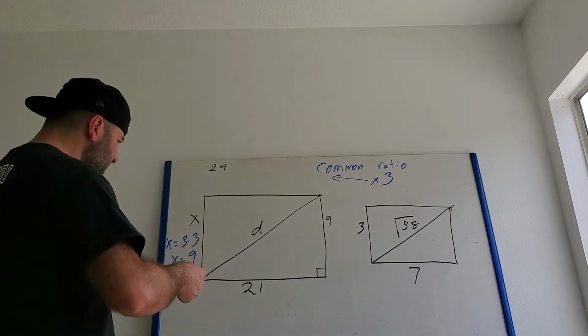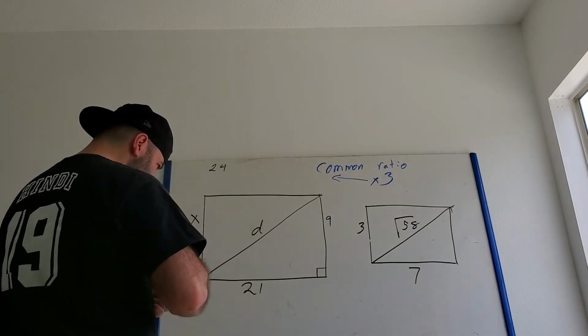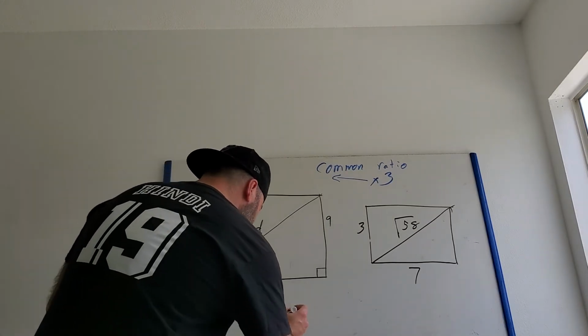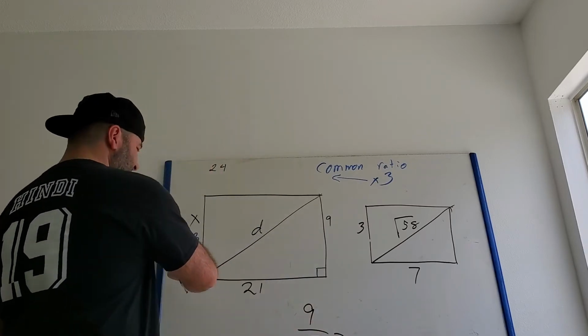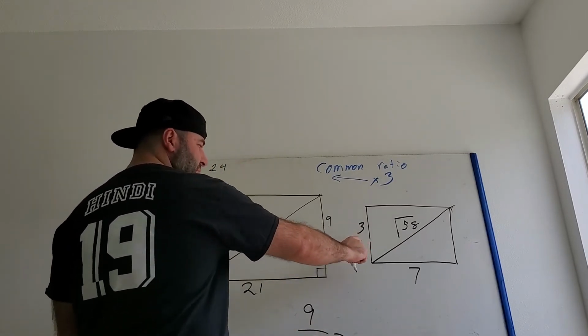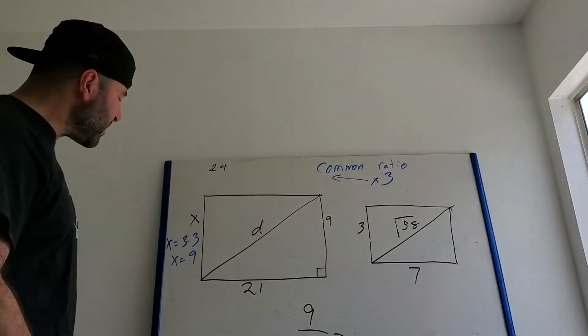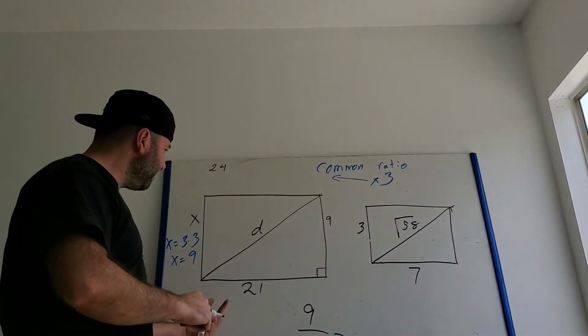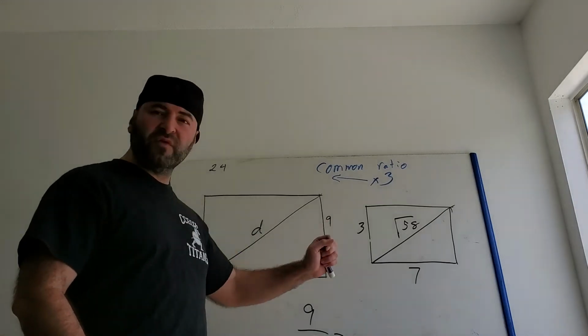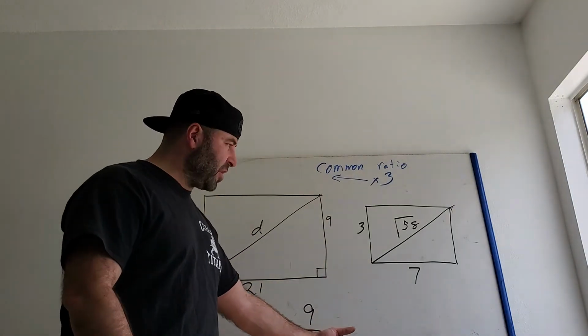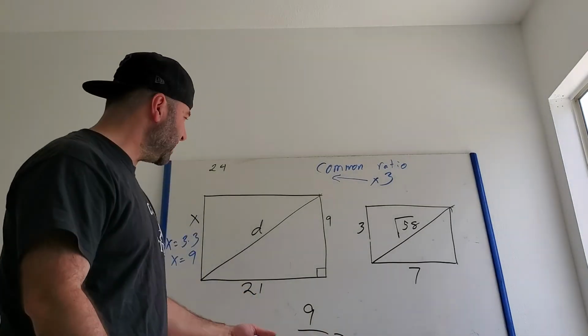So 9 is to 3. I'm setting up my proportion a little different than I did last time. But as long as you're consistent, I went from big figure to small figure. So then I have to go in that same order again for the next corresponding sides.